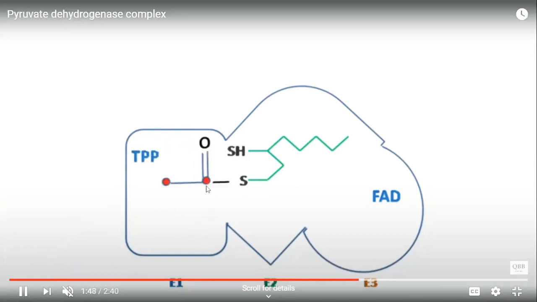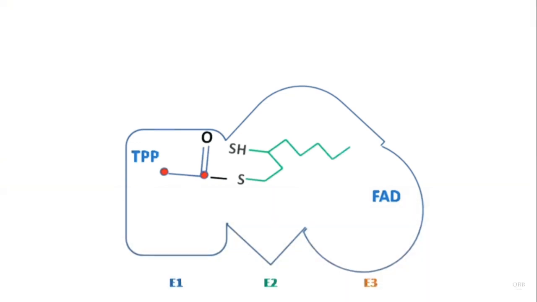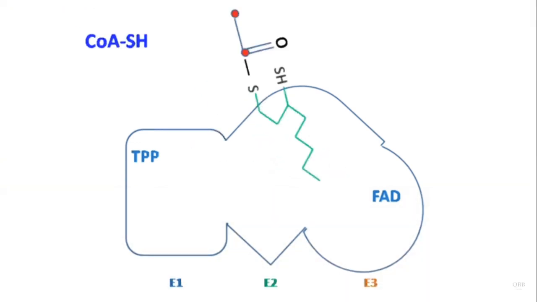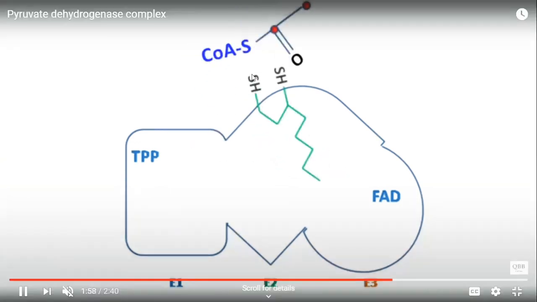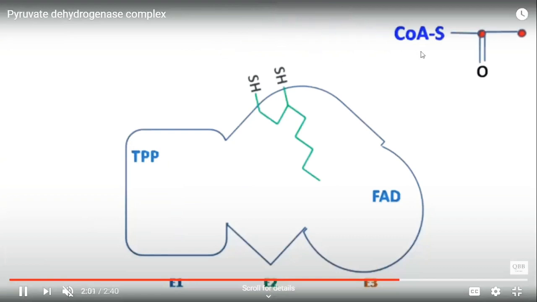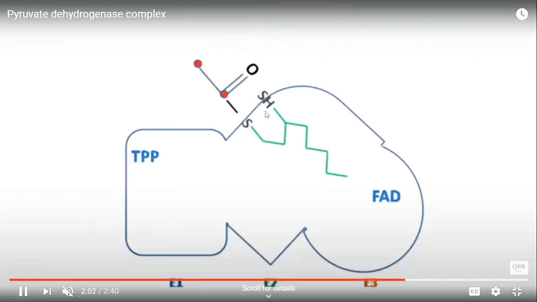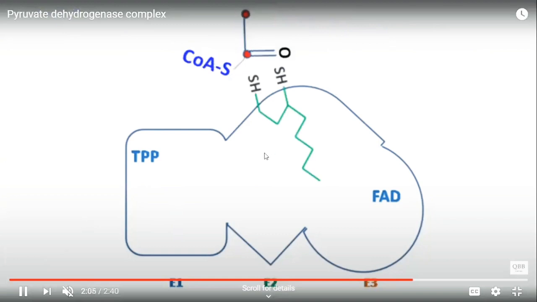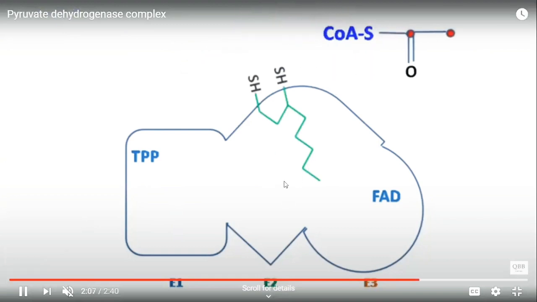and this acetyl group then will be taken up by the coenzyme A. Coenzyme A will come and will take up this acetyl group and it will become acetyl-CoA. And one molecule of acetyl-CoA is released by this E2, and now E2 is in reduced form.